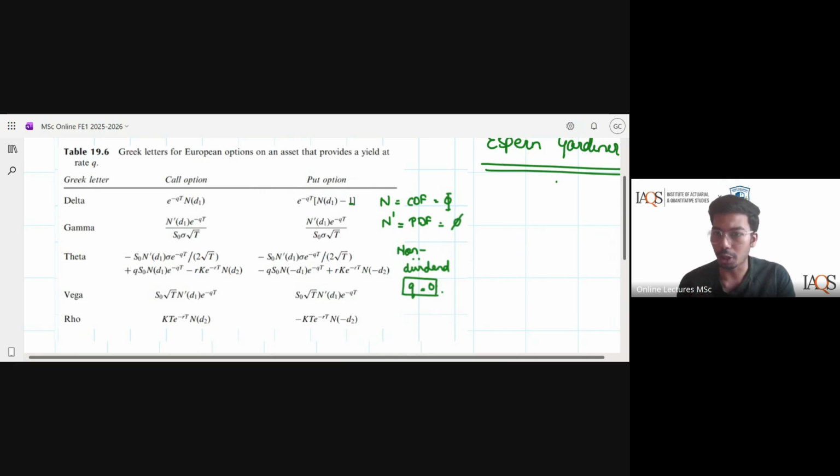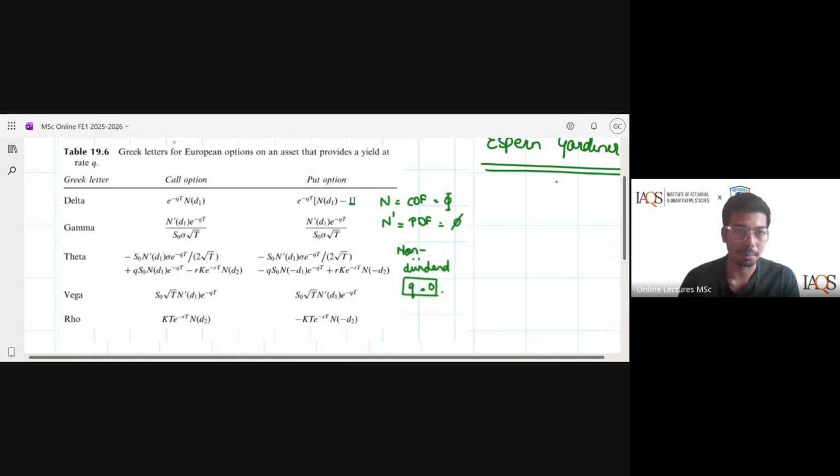You can be asked 2 kinds of questions. One is to actually derive this particular equation. That's the first kind of question. The second kind of question is, I'll give you all the values similar to type 1. You will have all the values. You will be asked to calculate either the value of the Greek or some unknown parameter of the equation. That's the second kind of question that can come in.